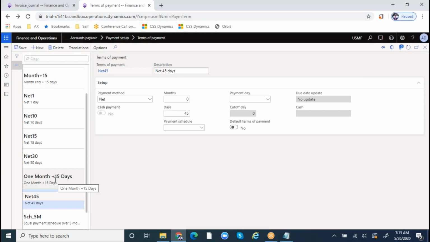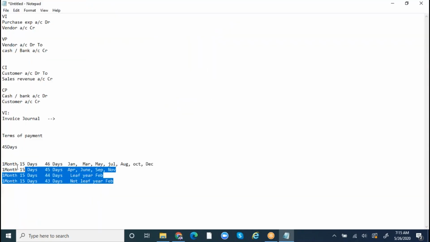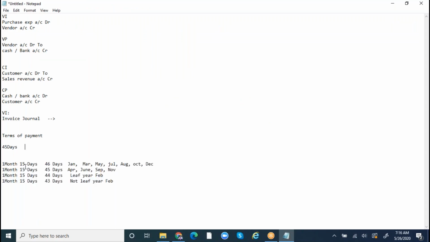So we can use this function. Like here, if it is net 45 days, you are entering strictly days. If it is 1 month plus 15 days, we can enter like this. So you need to discuss with the business people what exactly they want.